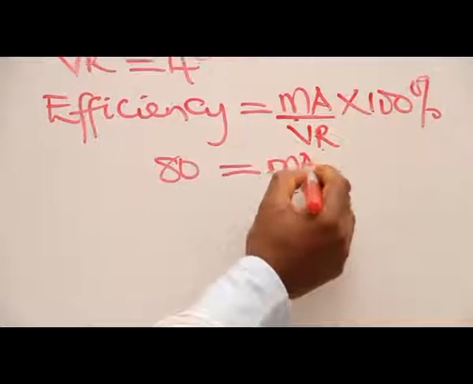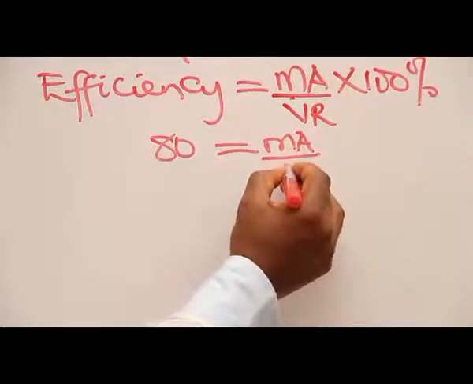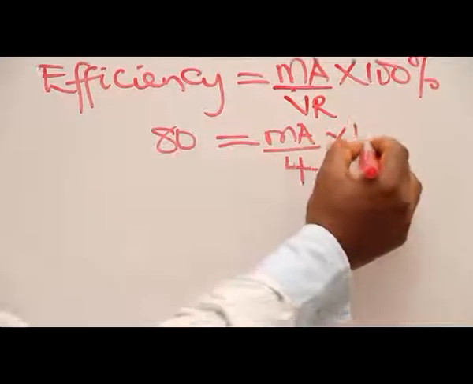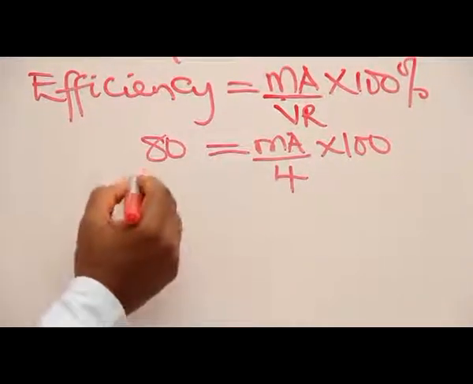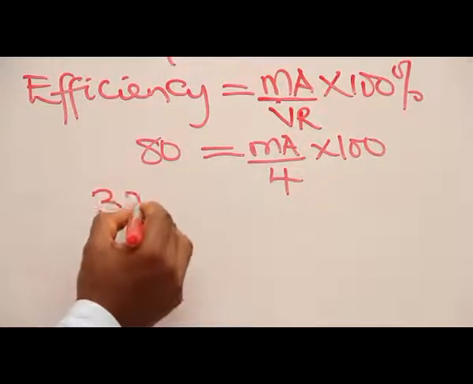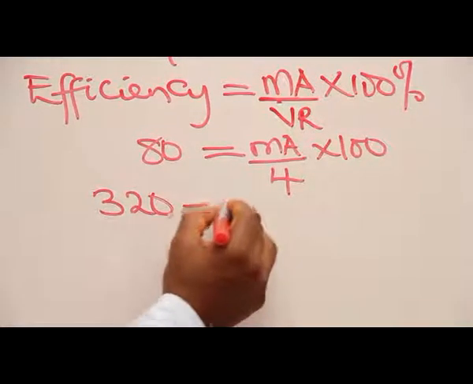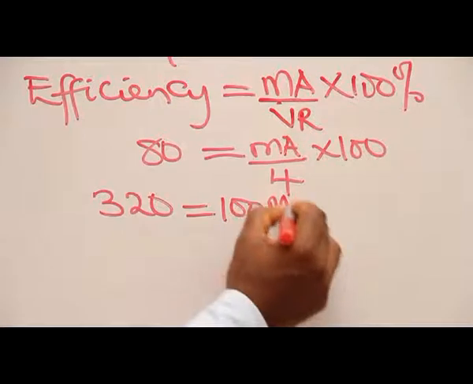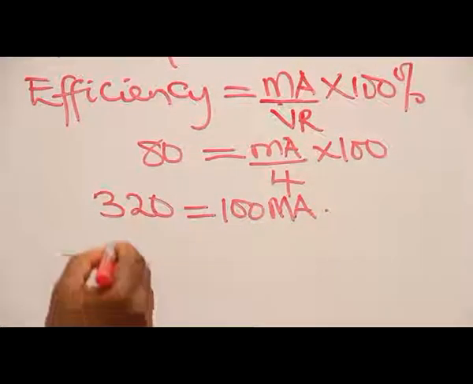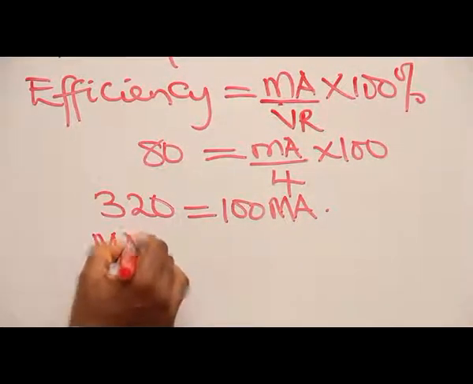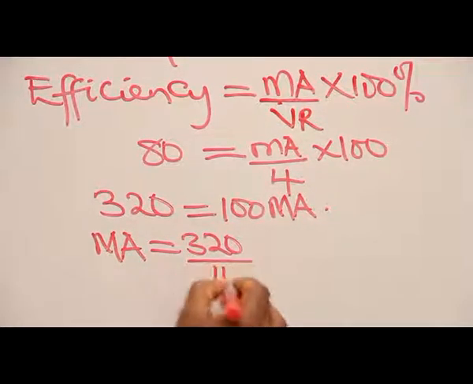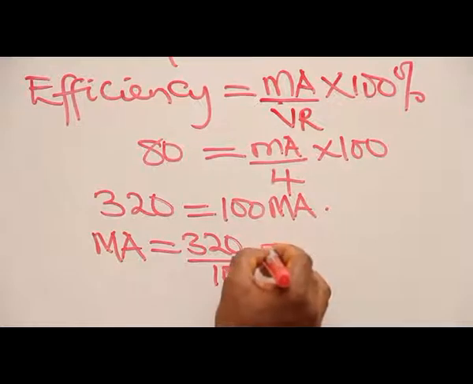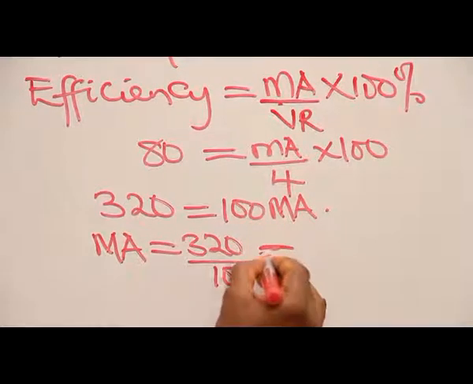Mechanical advantage divided by velocity ratio 4 times 100. If we cross multiply, we have 320 will give us 100 times MA, the mechanical advantage. Therefore, mechanical advantage is 320 divided by 100, which is 3.2.